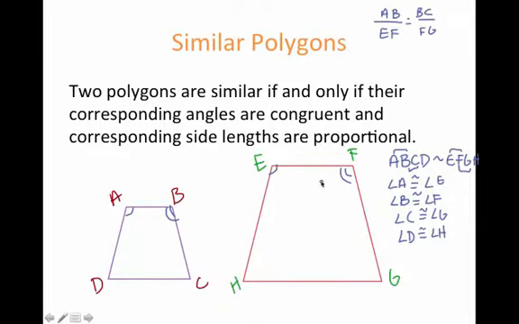So in these two similar trapezoids, all of the corresponding angles are congruent, but all of their sides are proportional to each other. So AB to EF is equal to BC to FG, and then CD to GH is equal to DA to HE. Can you see that?